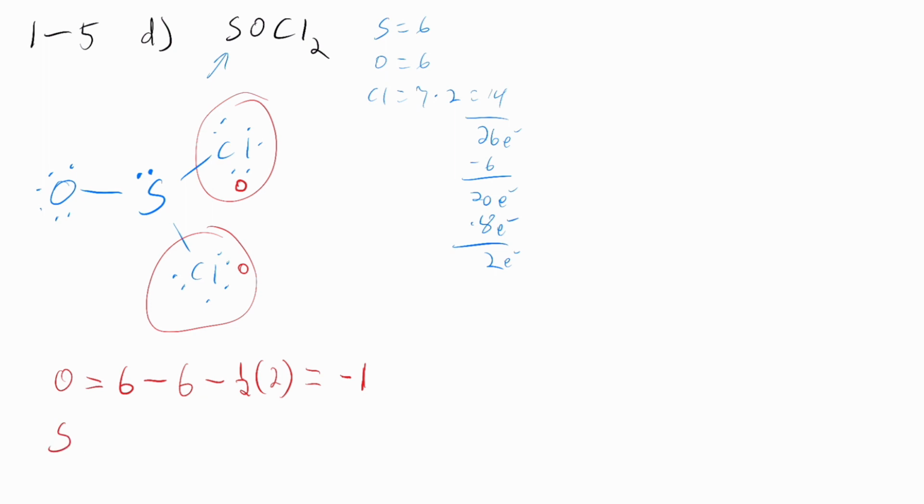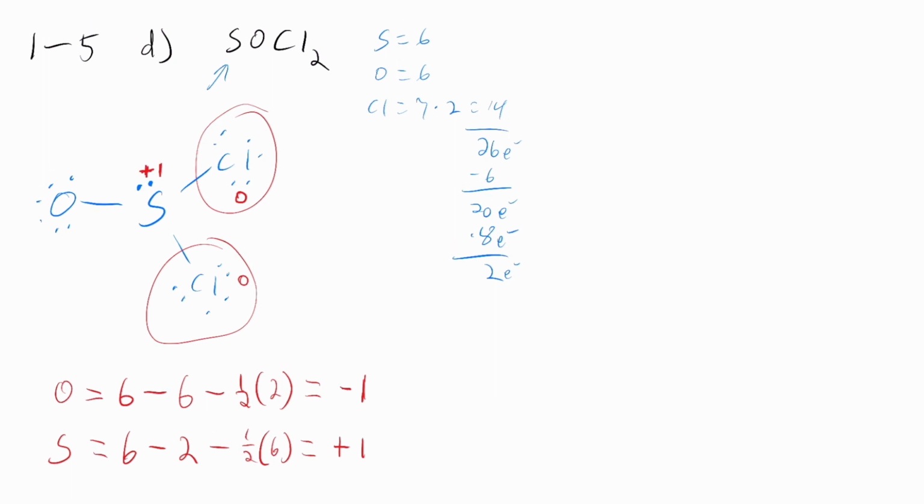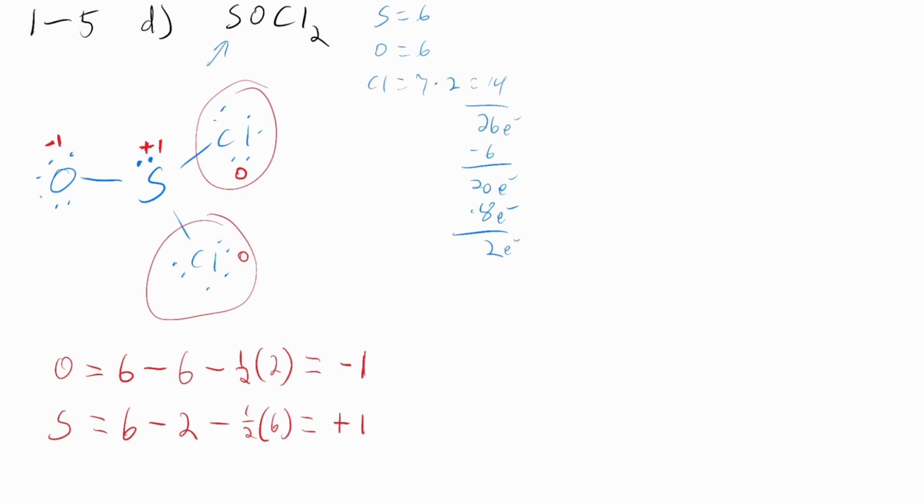Then sulfur, from the same approach, brings in 6 valence electrons. The number of non-bonding electrons is 2, and we subtract 1/2 the number of bonding electrons, and we have 2, 4, 6. So 6 minus 2 is 4, minus 3 is +1. That gives us a formal charge on sulfur of +1, and oxygen has a formal charge of -1.